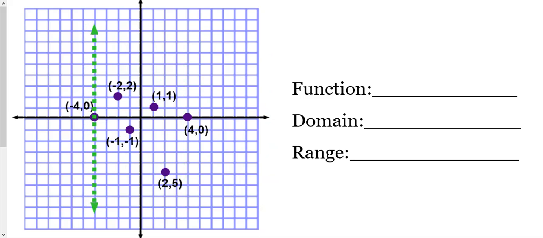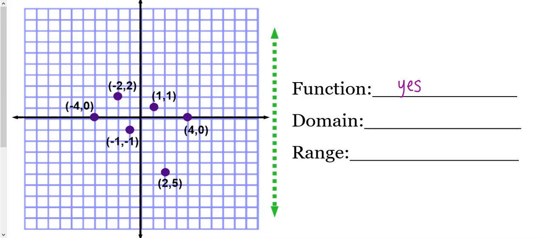So here we hit once, only one purple dot, hits only one, hits only one. All right, so my vertical line hit only once. So that means, yes, this is a function. It passed the vertical line test. So that means whenever we have a graph, we can use the vertical line test to tell, is this a function or is it not?